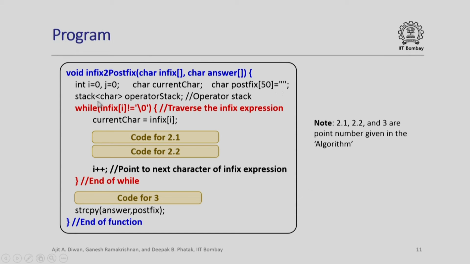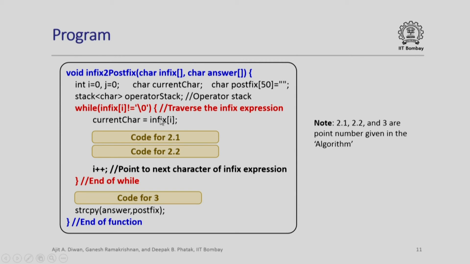I have a stack of char, which is the operator stack, and now I start my procedure, which is to look at the infix string character by character, and as long as the character is not \0, that means as long as there is a character in the infix string, I will examine that character and act accordingly. So, this is what we mean by traversing the infix expression.